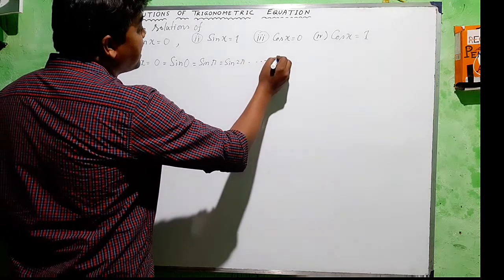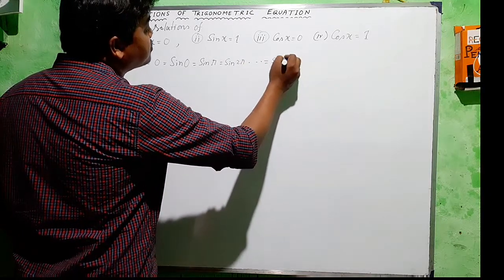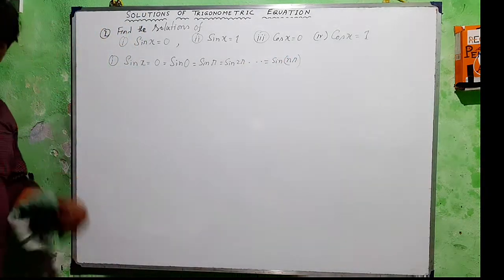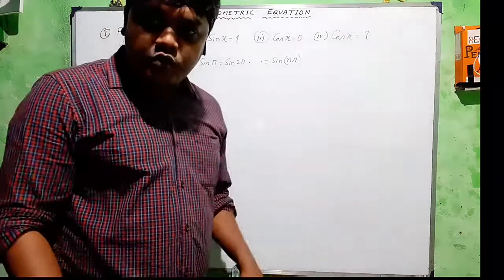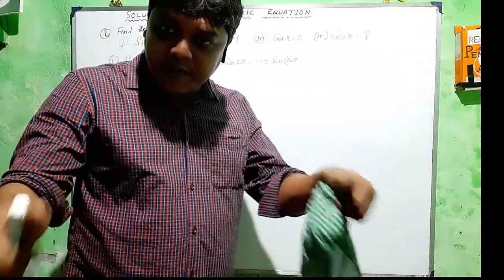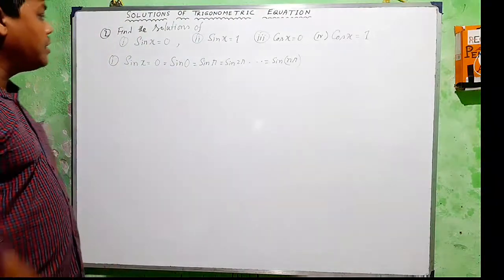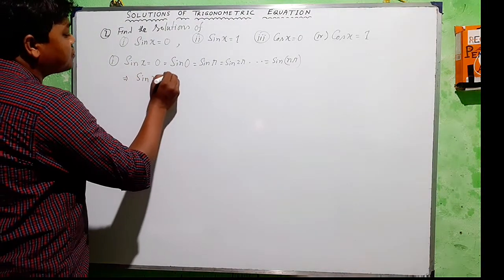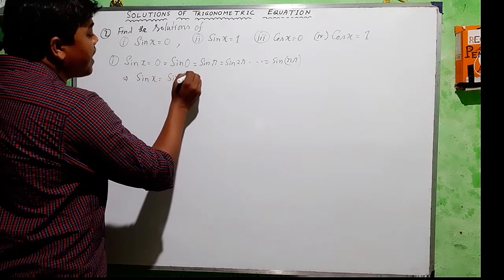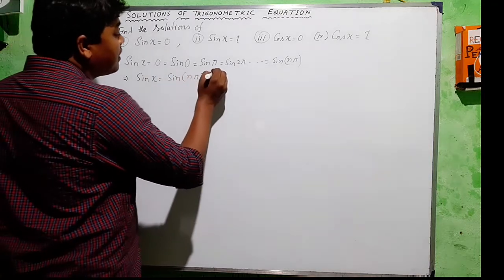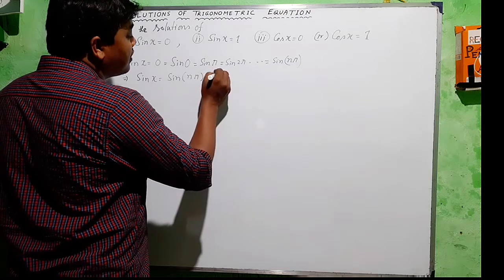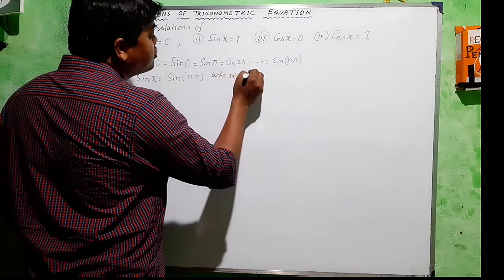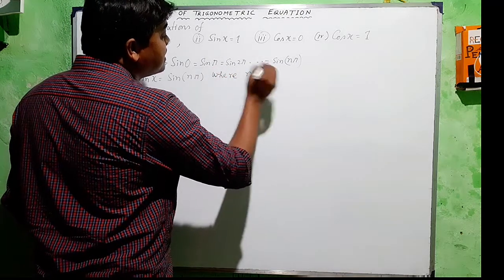In terms of sin n pi, whatever the values of n, meaning the integer, that is 0, plus minus 1, plus minus 2, plus minus 3, plus minus 4, and so on. So sin x equals 0, that means sin x equals sin n into pi, where n belongs to Z. Z means integer.